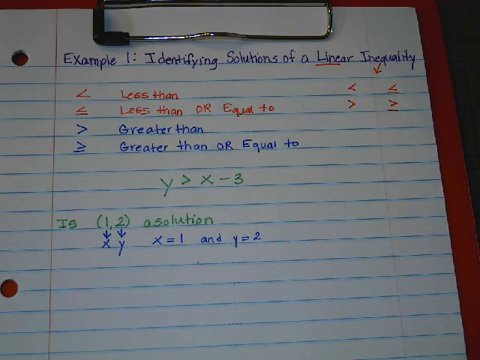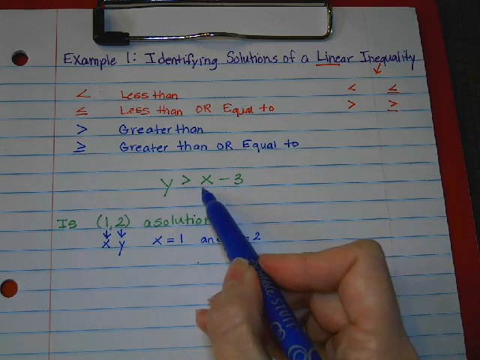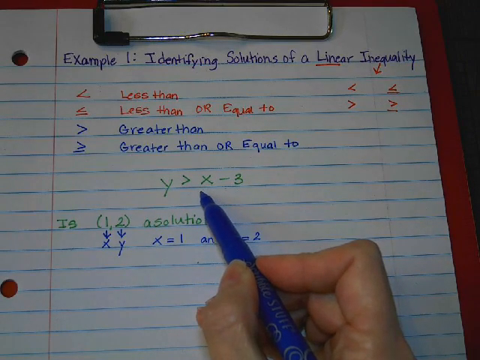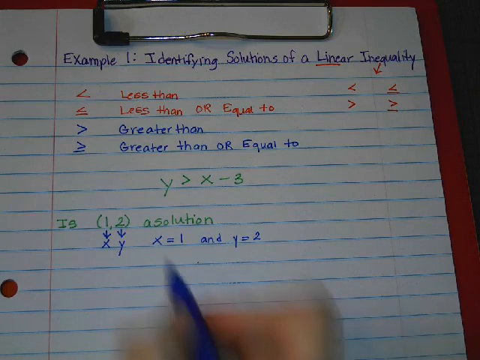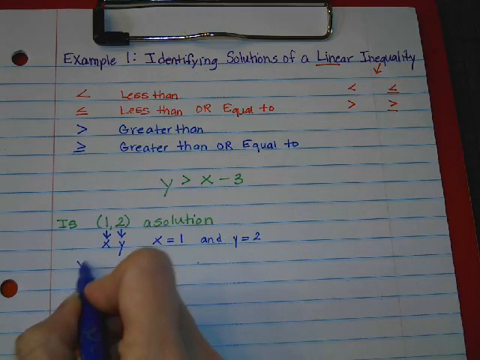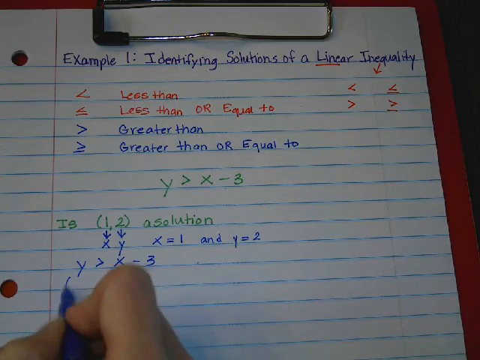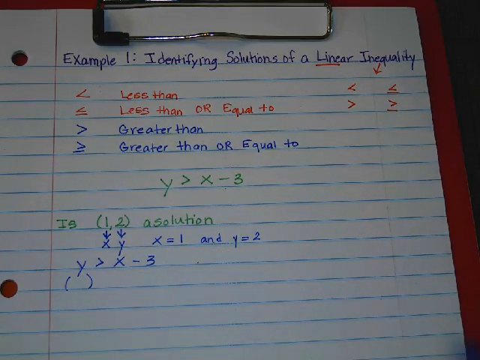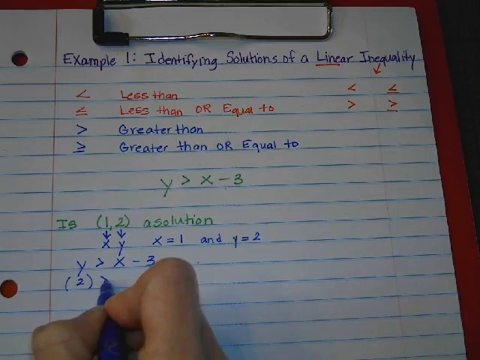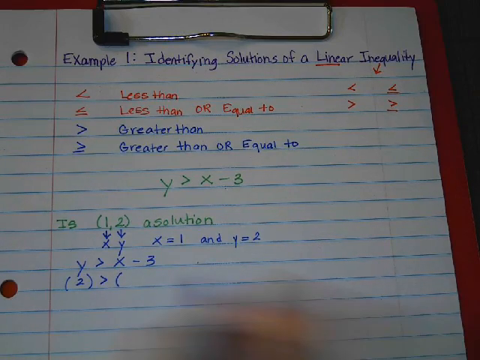If we know x is equal to 1 and y is equal to 2, we can substitute those values into the given inequality and see if it holds true. Since our inequality is y is greater than x minus 3, we're going to substitute y with 2, and we're going to substitute x with 1.